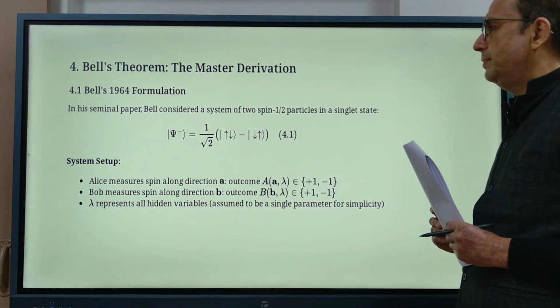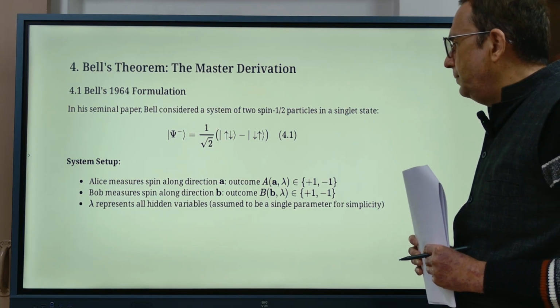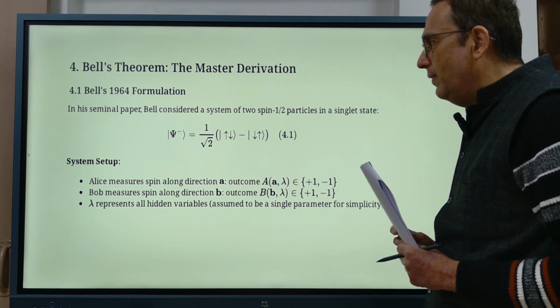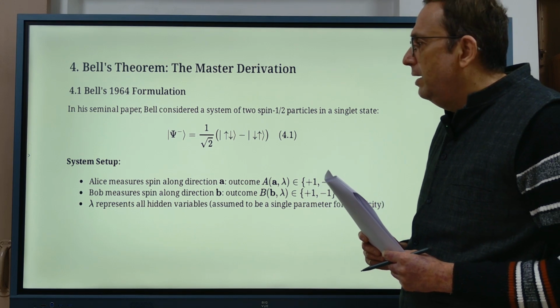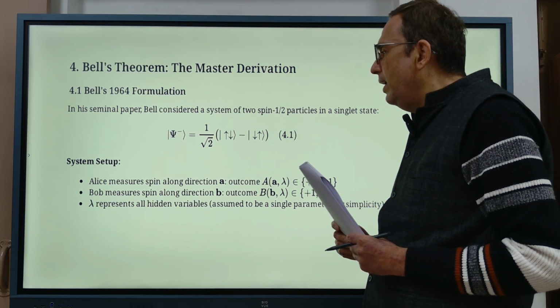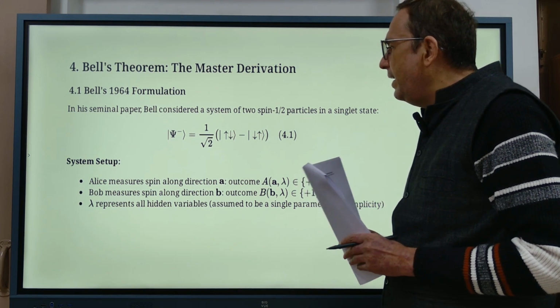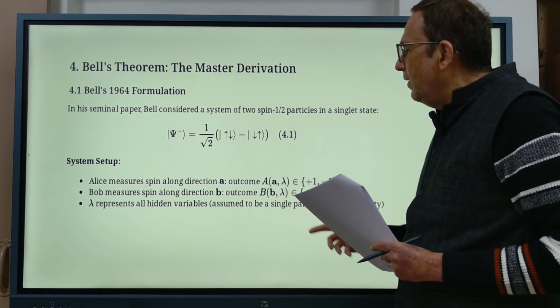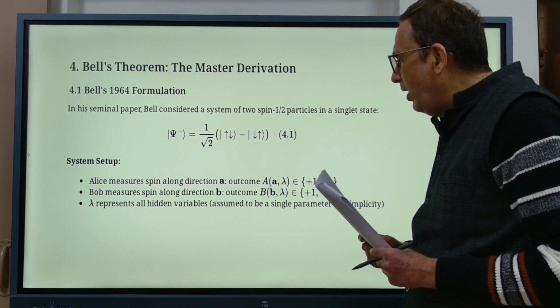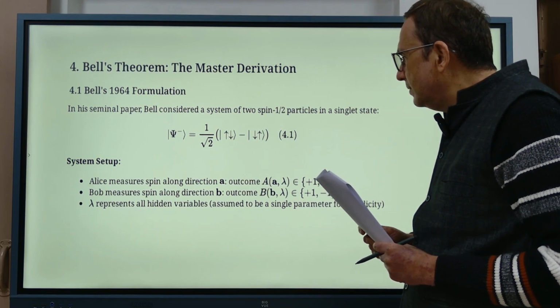And then let us say there are two observers, Alice and Bob. Alice measures the spin along direction a, and its outcome is given by capital A, which is a function of the vector small a and lambda.